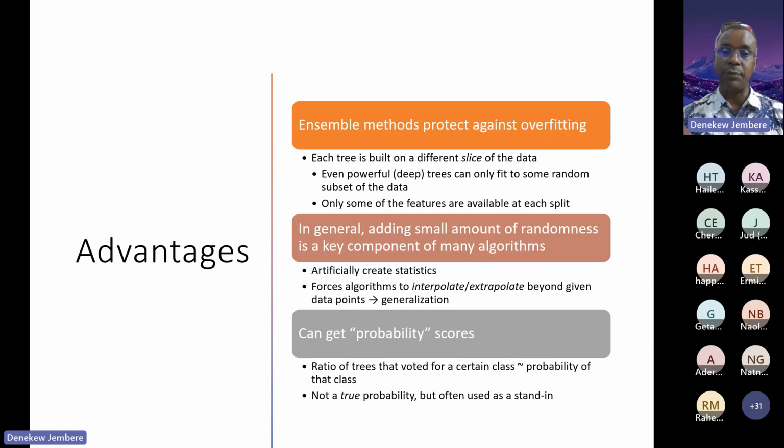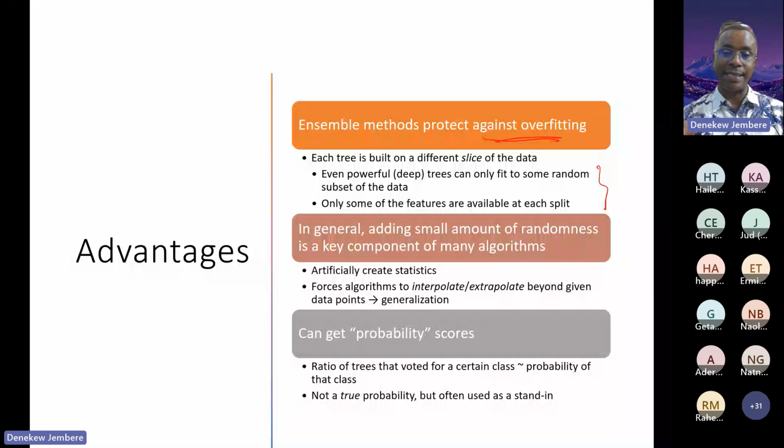Each tree is built on a different slice of the data, and even powerful or deep trees can only fit to some random subset of the data, and only some of the features are available at each split. So as a result, we avoid or reduce overfitting. And in general, adding a small amount of randomness is key.